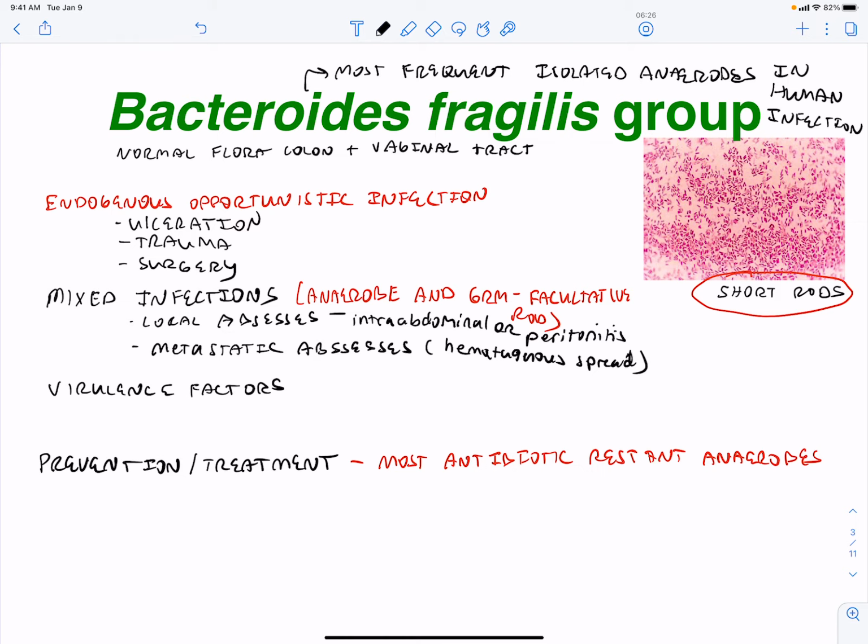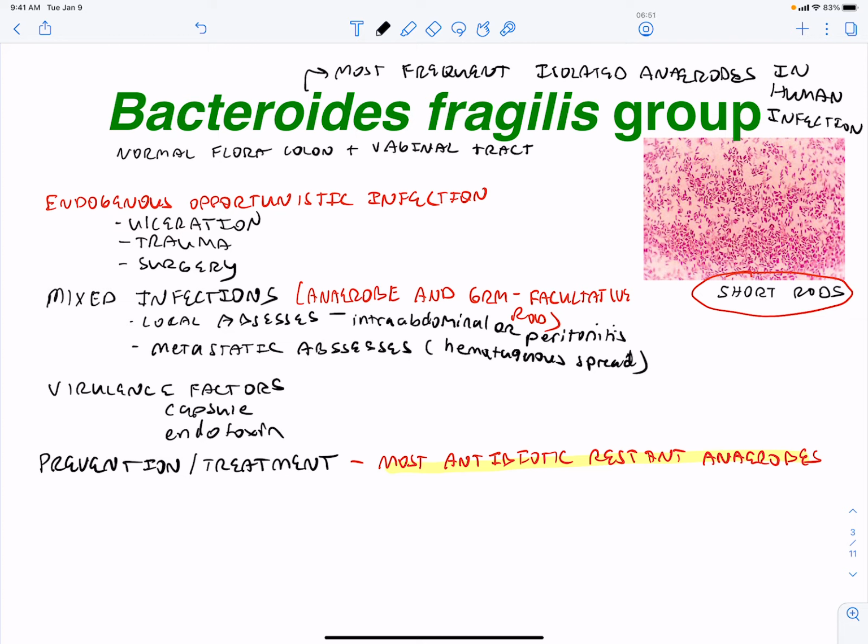Some of it is going to be a little bit obvious why that is. One of the things is that most of these guys are going to be antibiotic resistant. The other thing to keep in mind is they do have some virulence factors. They will have a capsule, and they also have, of course, LPS because they are gram negatives.